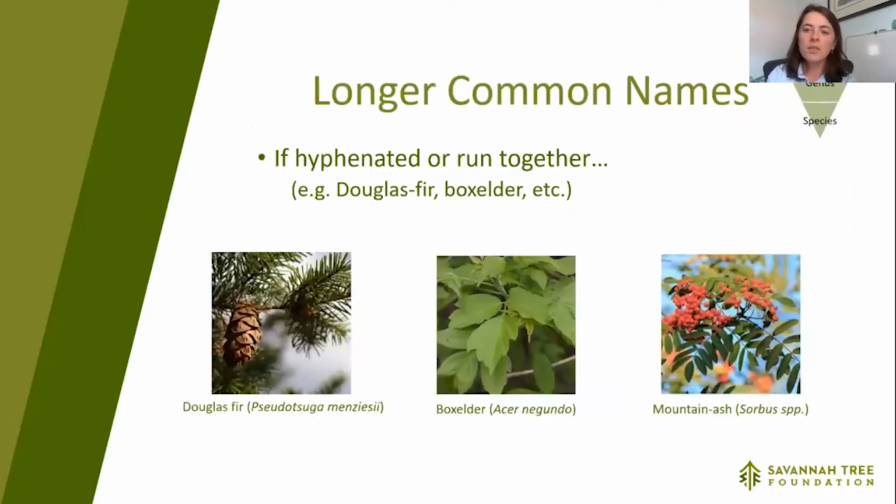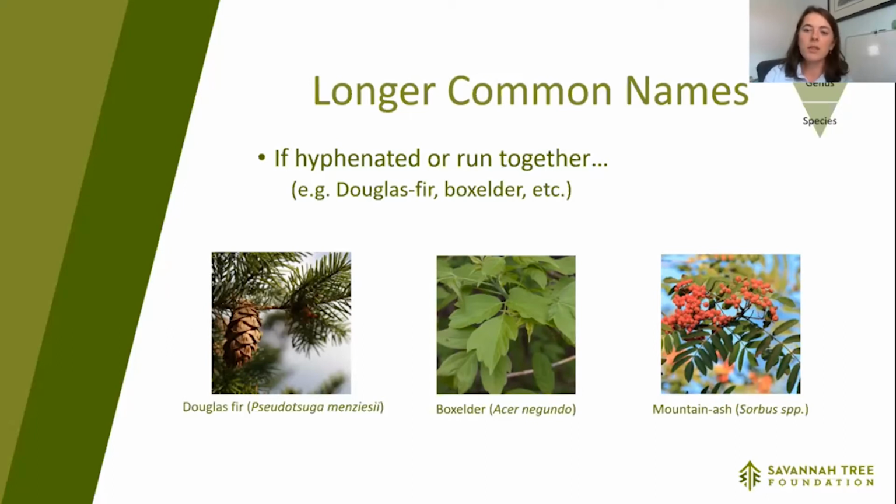If hyphenated or run together, longer common names actually can indicate a few things, however. They can indicate that the common name is misleading. For example, Douglas fir is in the pine family, and it is not an actual fir. Box elder is a type of maple, and so you can see that in the Latin name there.